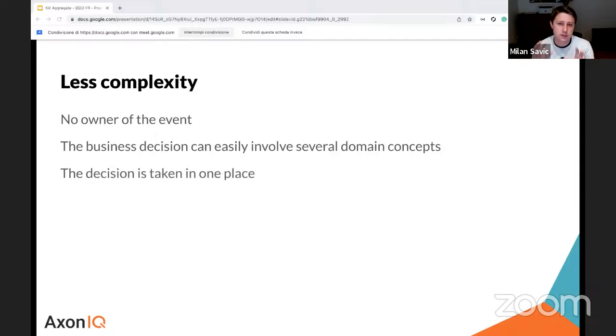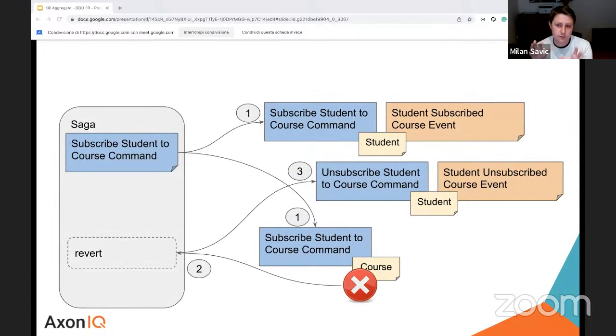Because the decision can be taken in one place. So we can basically forget about this synchronization mechanism. Only in a situation when our orchestration is spanned across several bounded contexts, then we need some form of synchronization. We cannot put the decision of two contexts into one handler. It makes no sense.